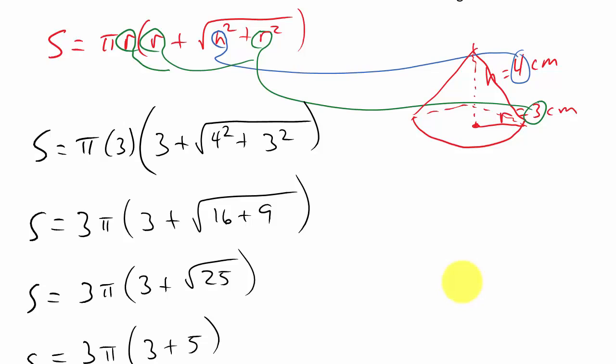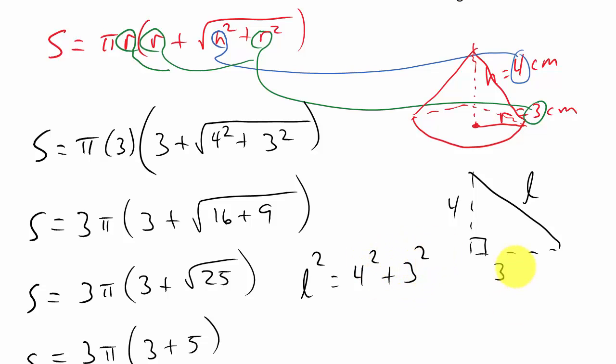Okay. Now, another thing we could do, you see the height and the radius. The height was 4, the radius was 3. You could use the Pythagorean theorem to calculate L and use the other formula. So you would have L squared equals 4 squared plus 3 squared.